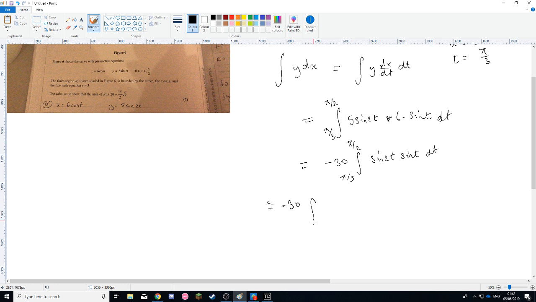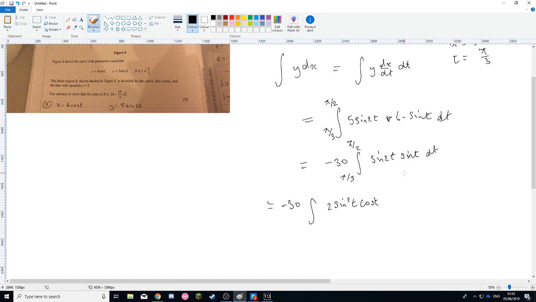Minus 30 integral of 2 sine squared t cos t, and then you can say that's 1 minus cos squared. We get cos cubed, you don't want cos cubed.